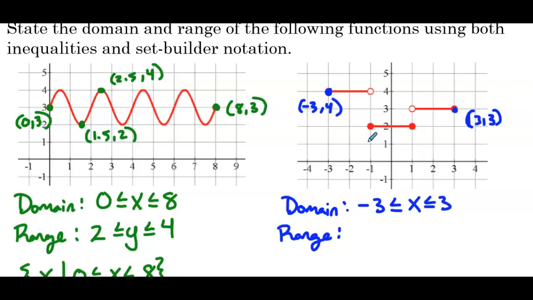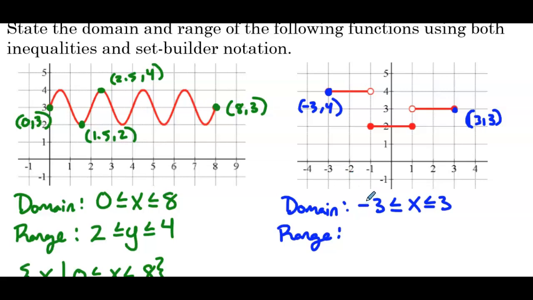Again, the reason we don't have to break it up into smaller pieces is at -1 and at +1, those inputs do give us outputs on our graph. Now the range, not going to be able to express the range as an inequality. The lowest y value is 2, the largest y value is 4, but we don't hit every value in between. The only outputs are 2, 3, and 4.